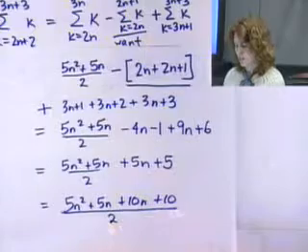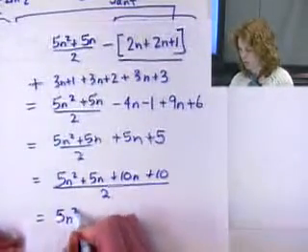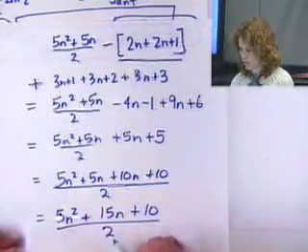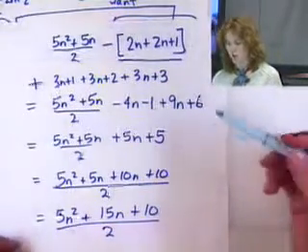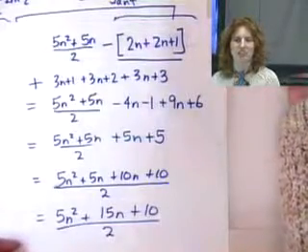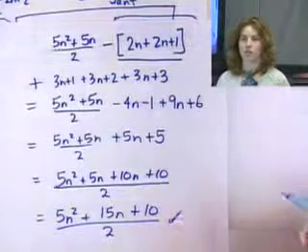And then that equals 5n squared plus 15n plus 10 all over 2. And I check back up at my proof statement, and I can see on mine and you can see on yours that that is the statement we wanted to prove. So we can put a little check mark because we got the right-hand side just the way we thought.